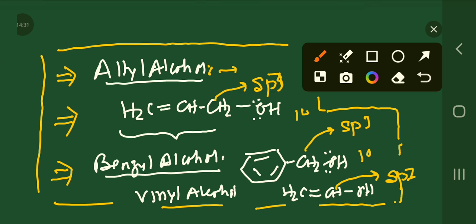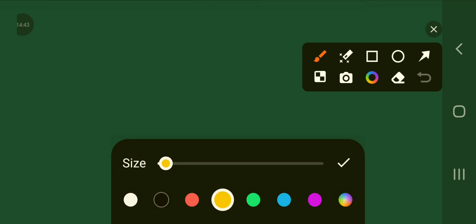So after the classification of alcohol, there is a very important segment, and that is the naming system, IUPAC naming system, or in some cases the common naming system is also very important. What is the meaning of IUPAC?